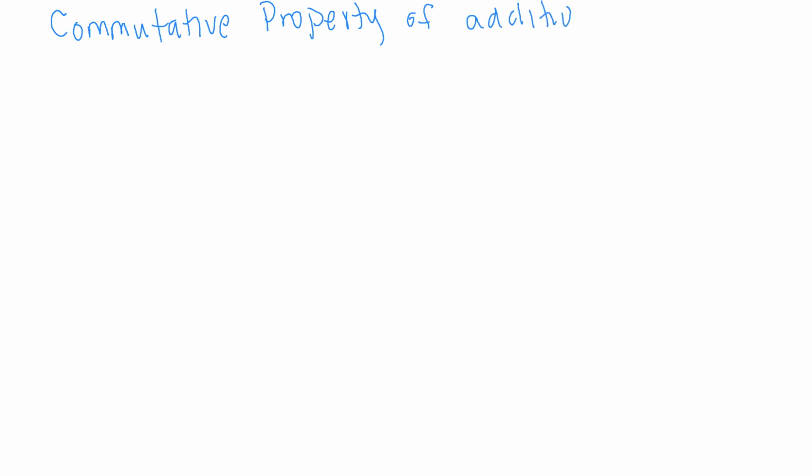Okay, so the commutative property applies to addition and multiplication. This property does not apply to subtraction or to division, and in a bit I'll try to explain why.